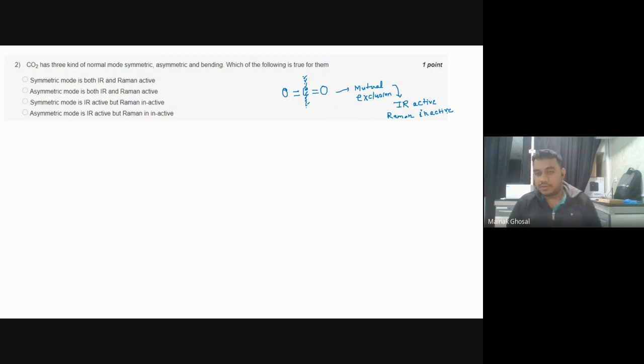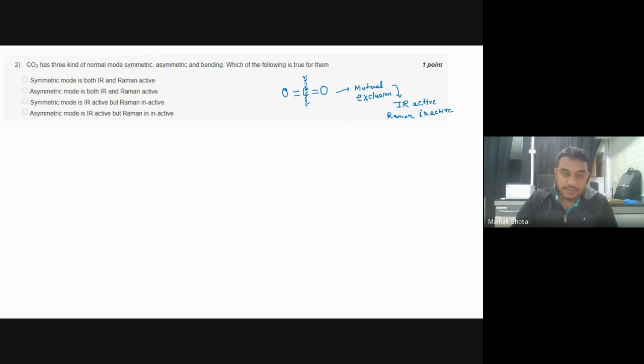Since it is a centrosymmetric molecule, it will always follow the mutual exclusion principle. That is, its IR active modes will be Raman inactive and vice versa. So IR inactive modes will be Raman active.